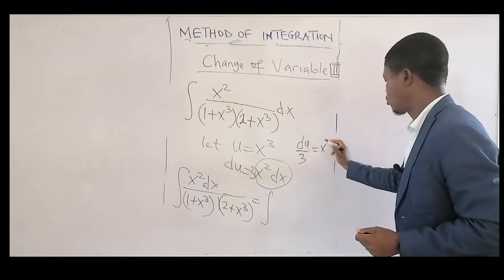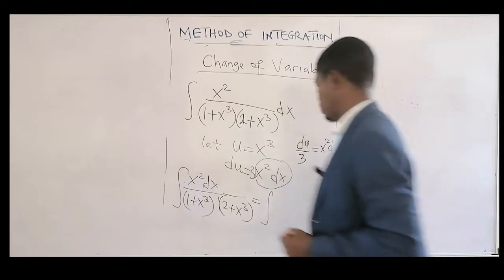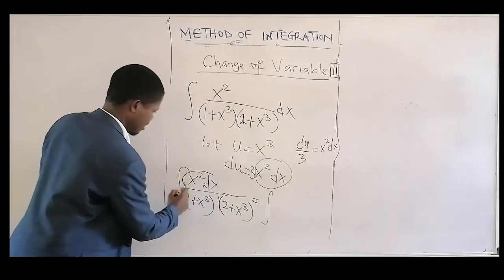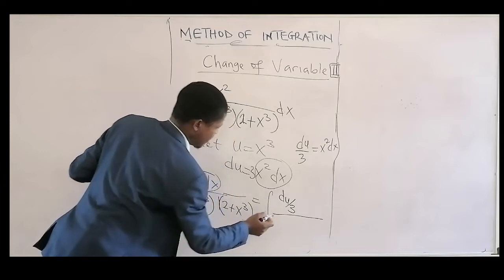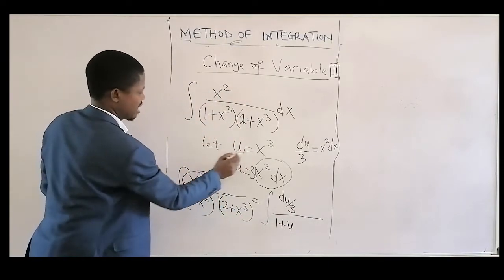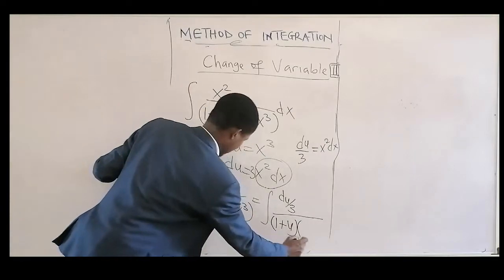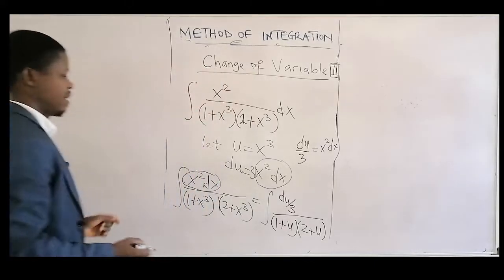So you now place du over 3 all over 1 plus u, where we call x cubed as u, into brackets 2 plus u. So that's what we have now.